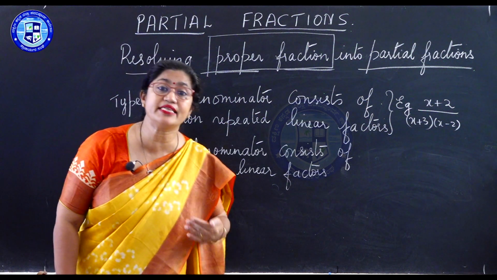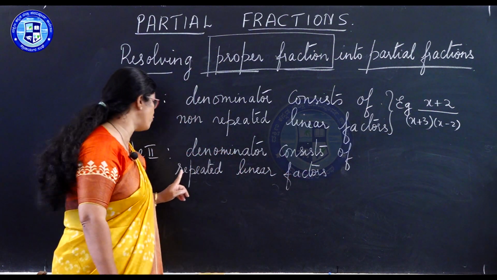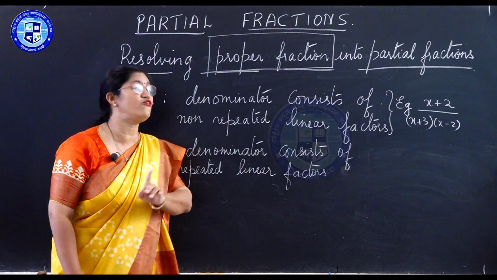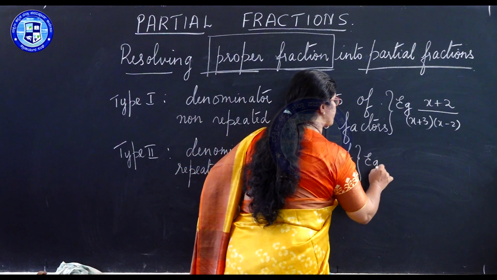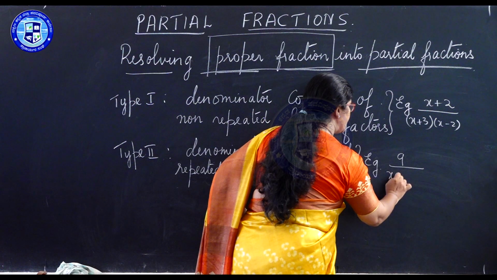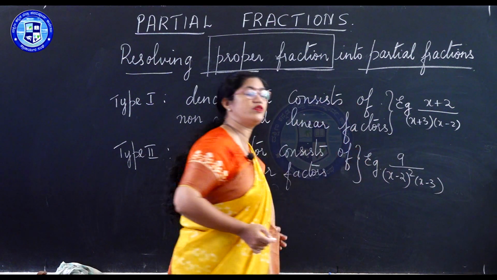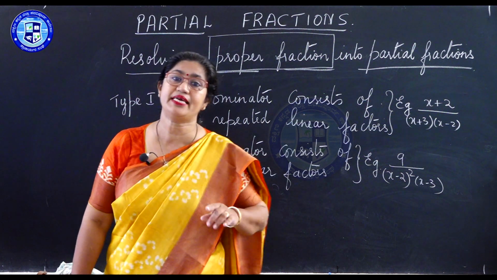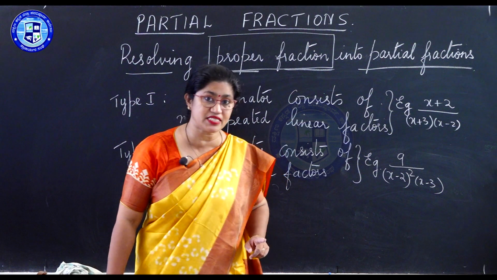Then you have another category when the denominator consists of repeated linear factors. So let me take an example for this one. 9 by x minus 2 the whole square into x minus 3. If you look at this example here, the denominator has one linear factor x minus 3.